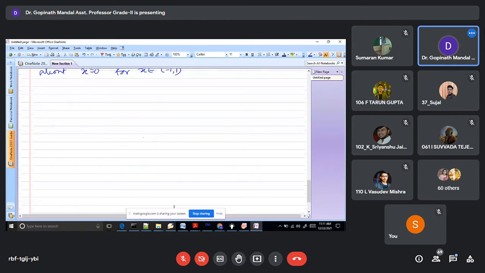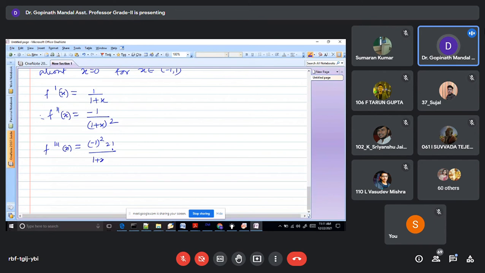First, you have to find f dash x, that is 1 by 1 plus x. f double dash x is minus 1 by (1 plus x) square. f triple dash x is 2 factorial by (1 plus x) cube, and so on. f n x will be minus 1 to the power n minus 1 times (n minus 1) factorial by (1 plus x) to the power n.